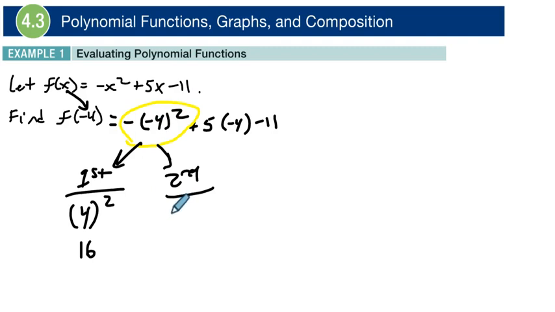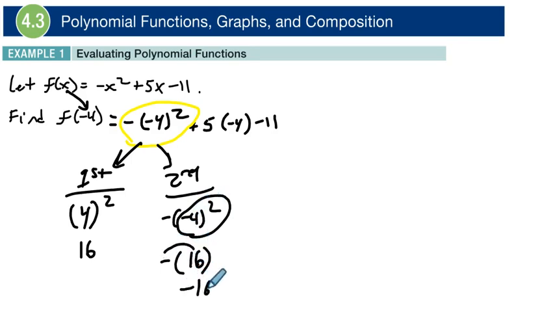So just this part right here would be 16, right? Negative 4 times negative 4 is 16, but then if I distribute, it's negative 16. So the question is, does it matter which one you do first? Yes, it does. Okay, and this is where the order of operations comes in.